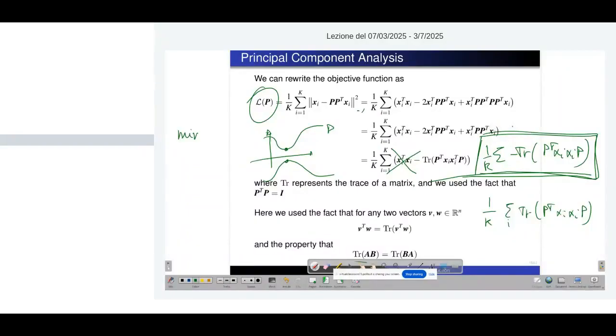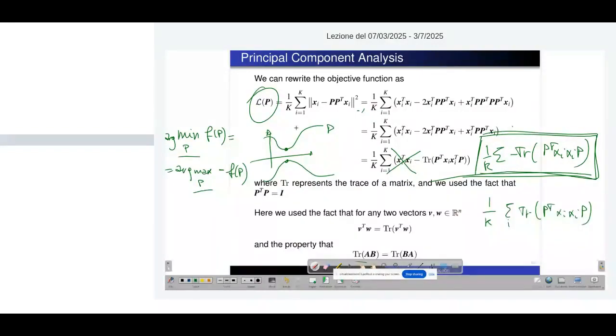The arg min over P of a function of P is the arg max over P of minus the function. We are flipping the sign. Whatever was the minimum of the original function becomes minus the maximum of the minus function, but the position of the minimizer becomes just the position of the maximizer.